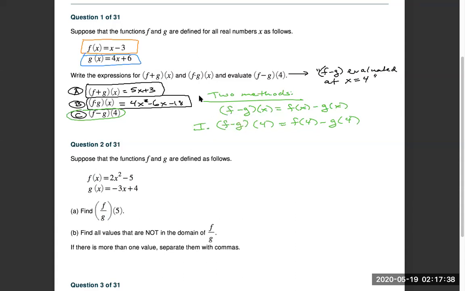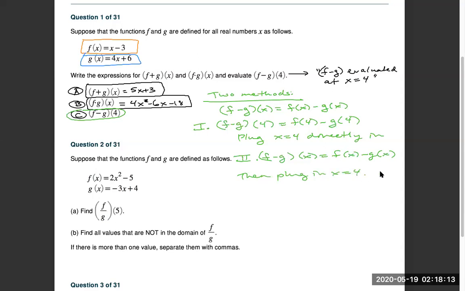If you already know that x is going to be 4, you just plug 4 into f, plug 4 into g, and then you take the difference. The second method would be to find f minus g of x in general, and then plug in x equals 4.